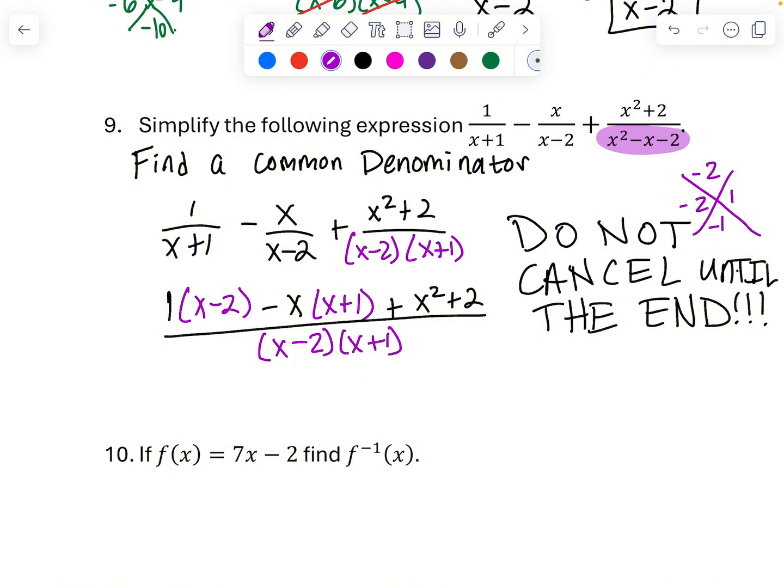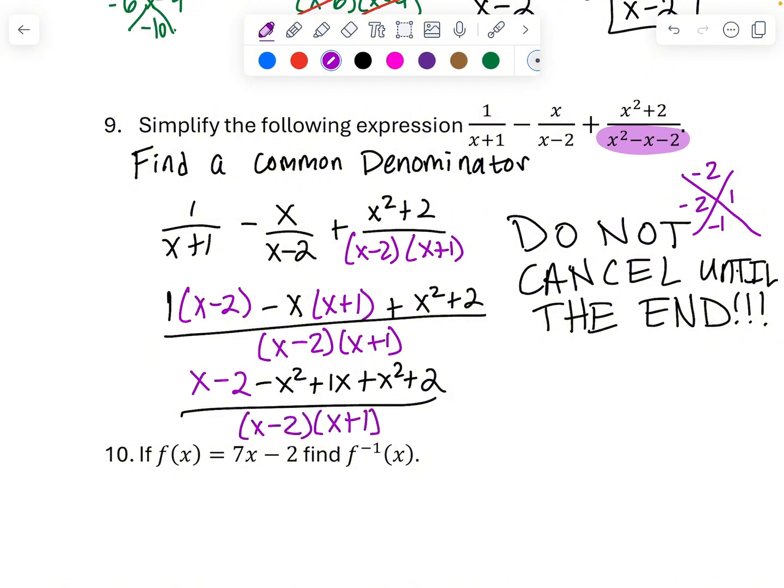Okay, I'm going to distribute and see if I can do anything to get that. So I have x minus 2 minus x squared plus 1x plus x squared plus 2. And what I'm going to do now is combine like terms on that top part.